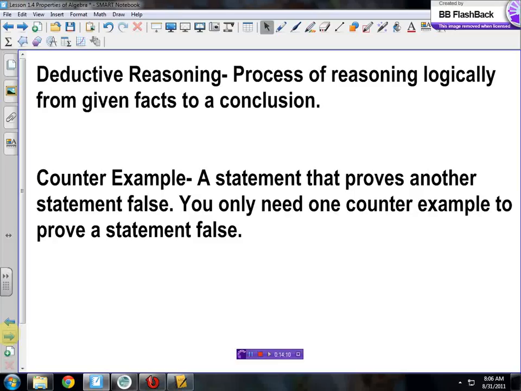So only one counterexample is needed. What if I said I was faster than everybody in this classroom? I'm pretty much certain that I'm not the fastest in here. All right, has everybody got that down?